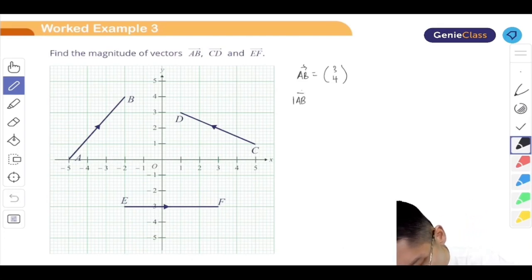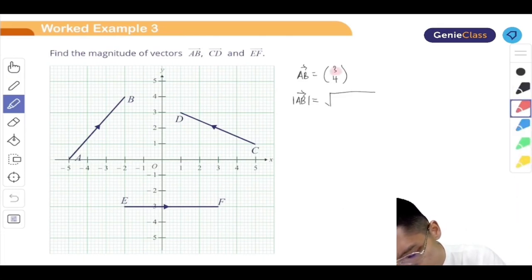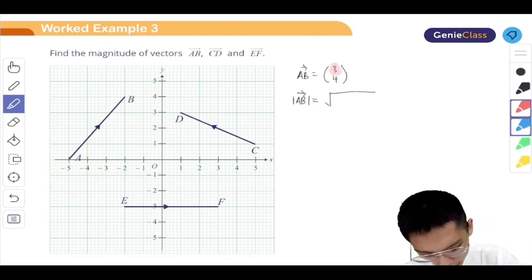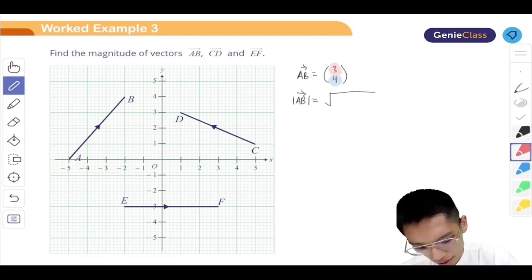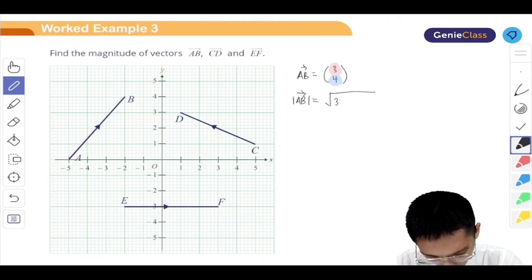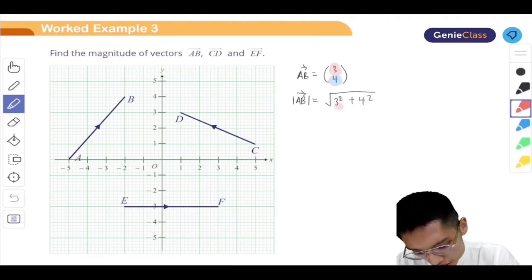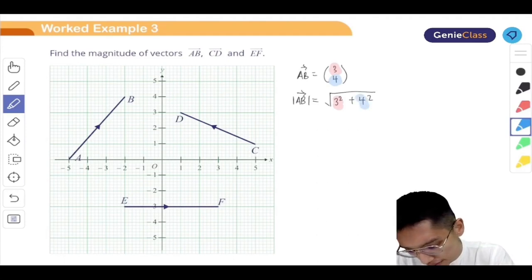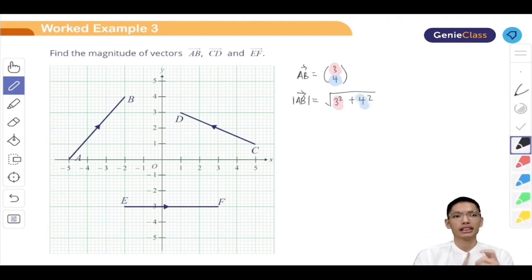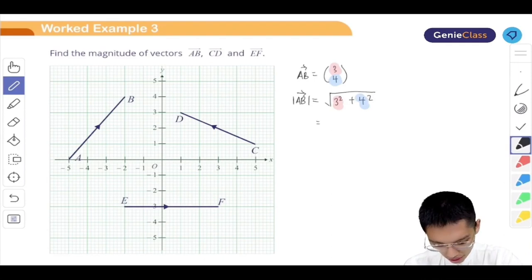This over here is my x value, and the other one over here is my y value. So all we have to do is 3 squared plus 4 squared, following the color coding, 3 and 4. When you calculate this, it's going to be 25, and the square root gives me 5.